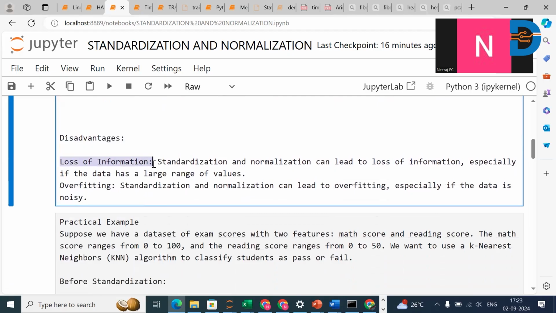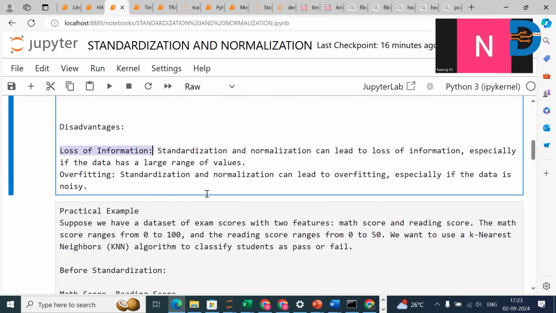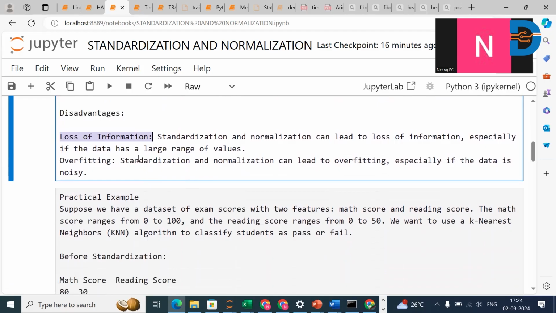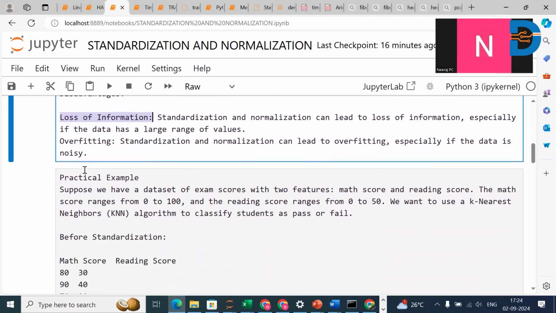Disadvantages: in a rarer case, there can be loss of information if the data has a large range of values. And again, in rarer cases, standardization and normalization can lead to overfitting.